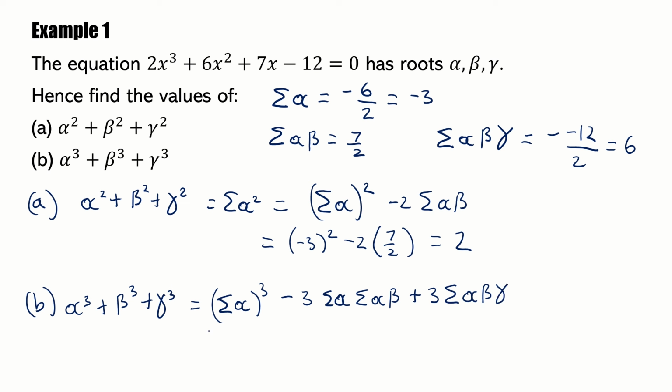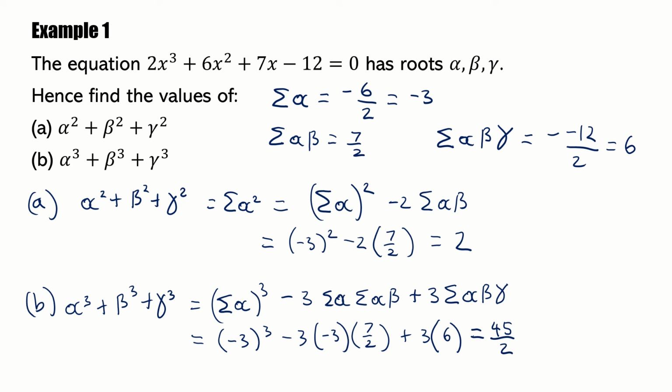As I said, if this is a quadratic, you won't have to do that last bit. But anyway, this is going to be minus 3 all cubed minus 3 lots of minus 3 lots of 7 over 2, and then it's going to be plus 3 lots of 6 on the end. That will come to 45 over 2. And there you go, we're done.